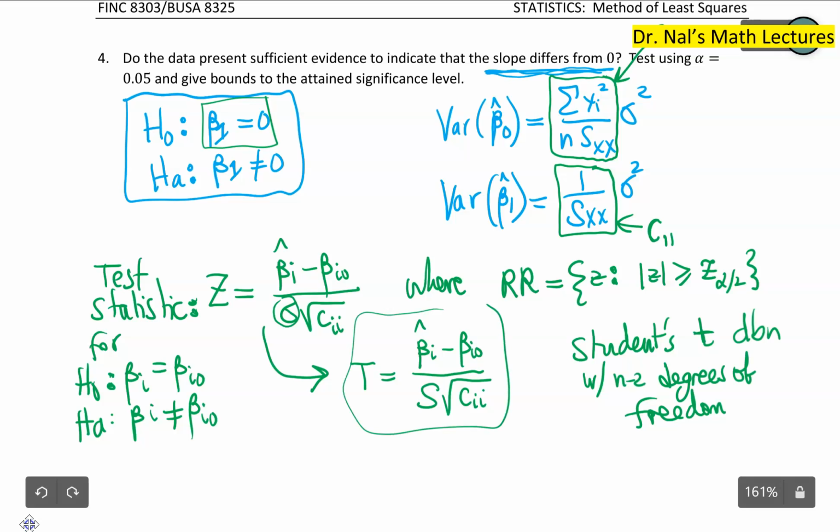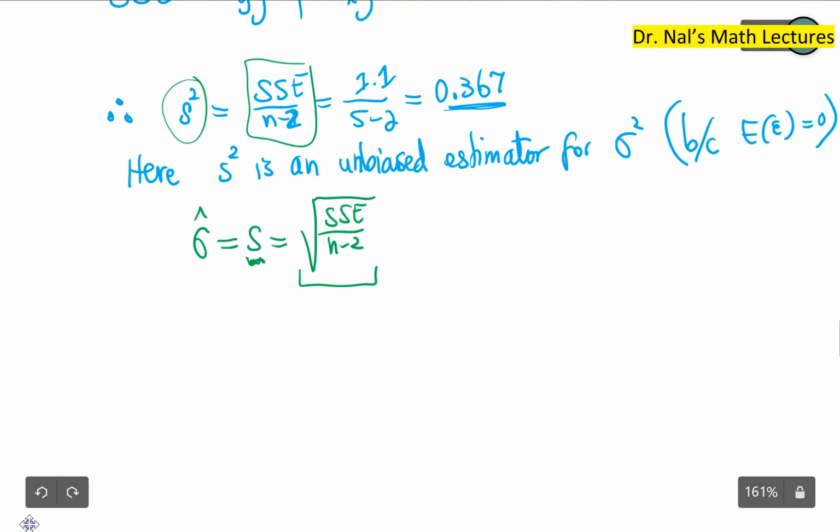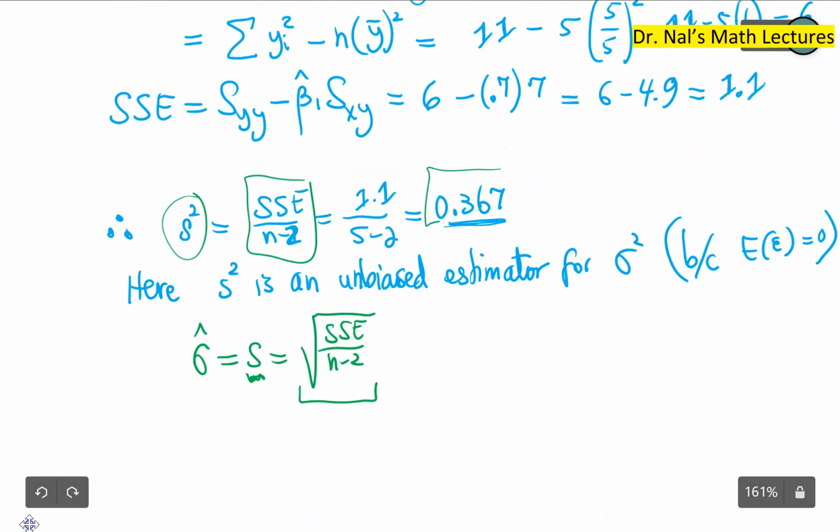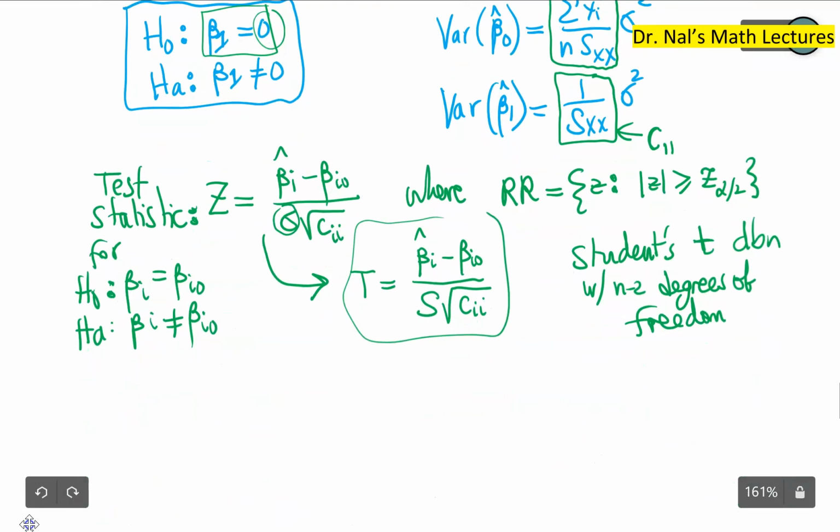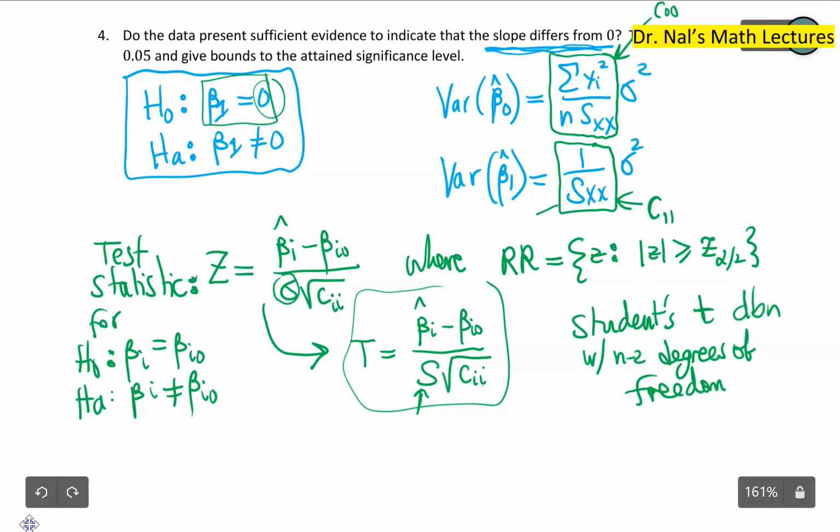Beta 1 hat is 0.7, minus beta 1,0, which H0 says is 0, divided by S times the square root of C11. We already calculated S in the previous exercise, so we take the square root of that value and plug it in, and C11 is this one. Let's plug in everything.